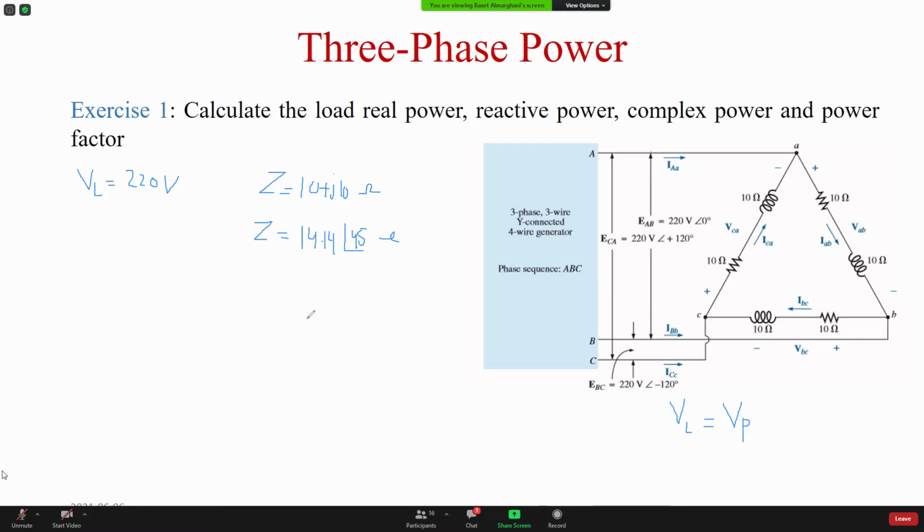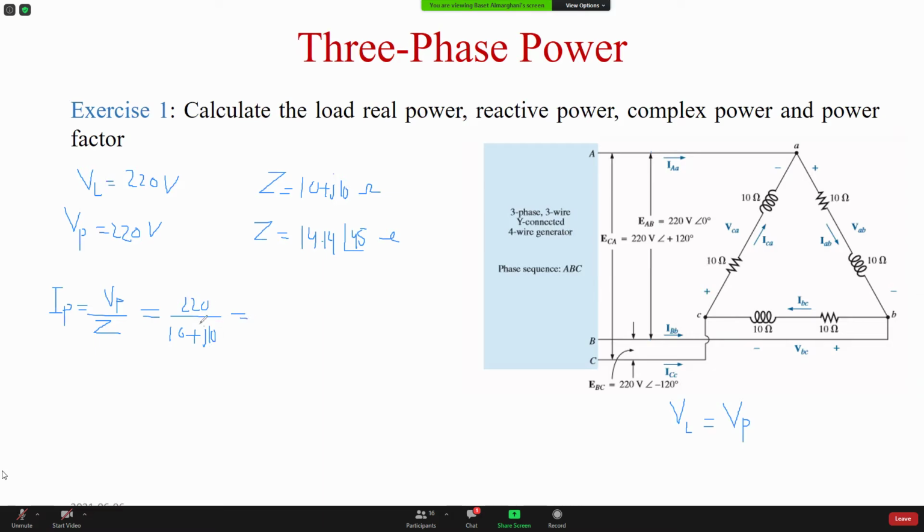Now what I want is to find the phase current, which is the phase voltage divided by the phase impedance. From here, phase voltage, because it's delta, is the same value. So 220 divided by 10 plus J10.